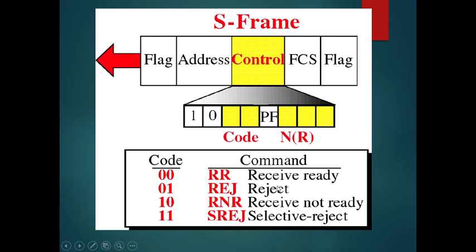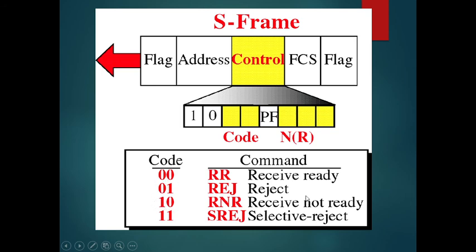Reject means that it is a negative acknowledgement frame, that is, it has not correctly received the frame. With the help of the frame check sequence, if it finds that the frame was not correctly received, it uses this code 0 1 to indicate a reject. So the sender has to transmit all the frames again.